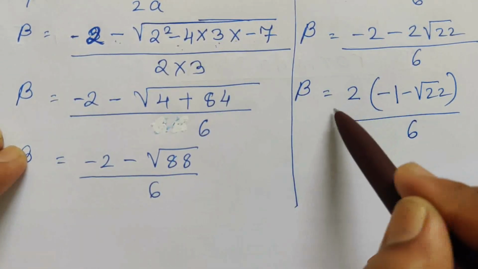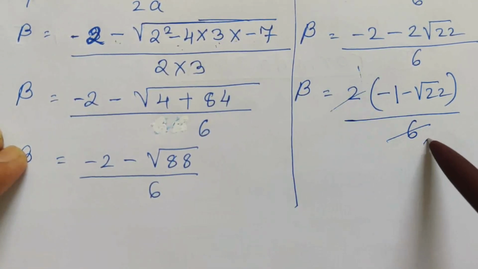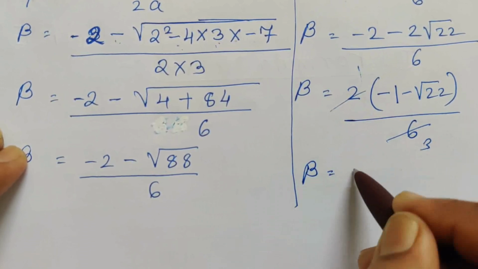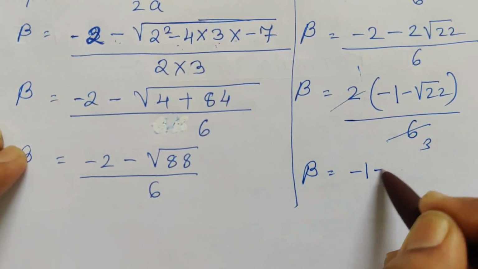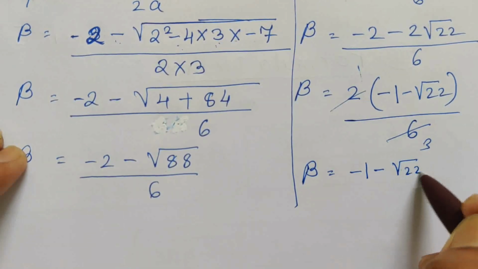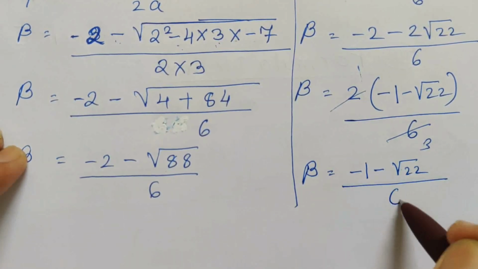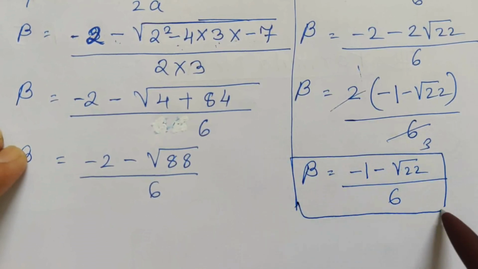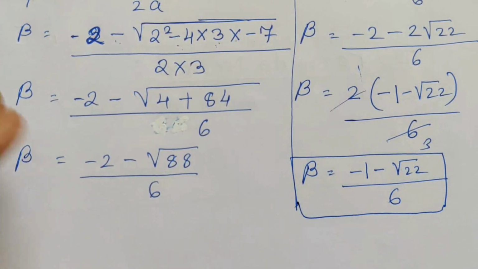Here 2 ones are 2, 2 threes are 6. That means beta equal to minus 1 minus root 22 upon 3. So this is the second root of the quadratic equation. This way we get two roots separately with separate formulas.